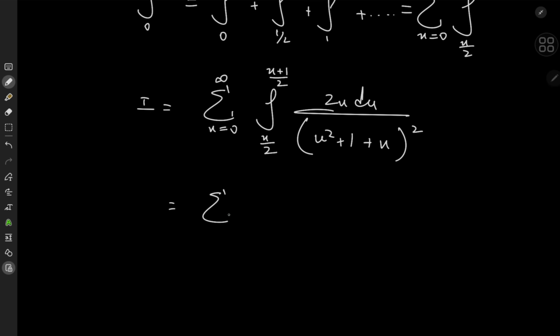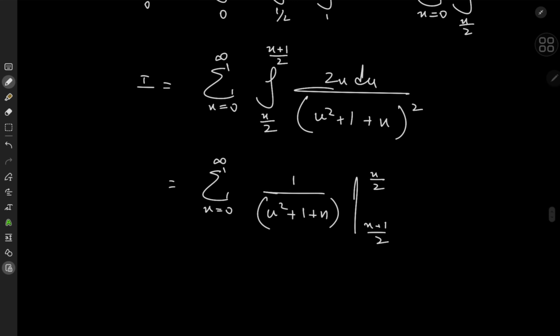So we have the sum over n from 0 to infinity of what exactly? Well, we're left with -1 over u squared plus 1 plus n, limits being, if I switch up the limits, I'm rid of the negative sign. So that's exactly what I'm going to do. We have lower limit now n plus 1 over 2, upper limit being n over 2.